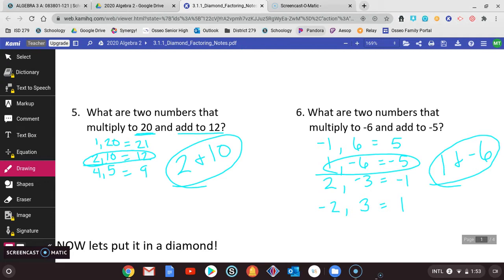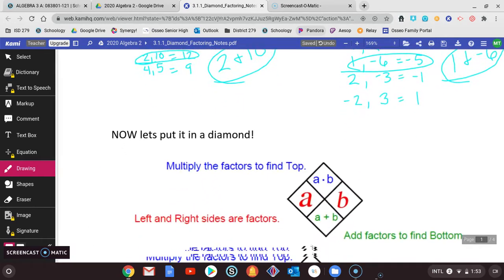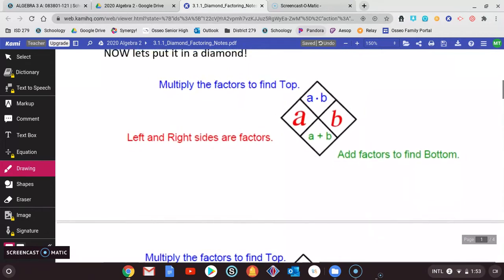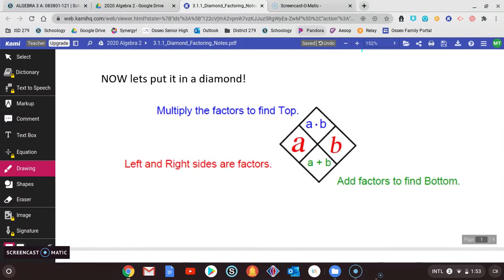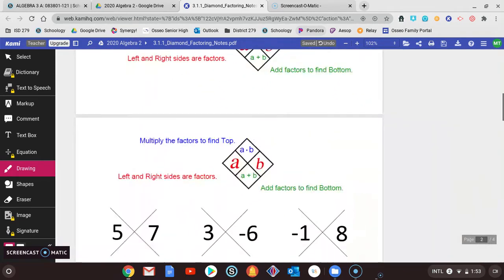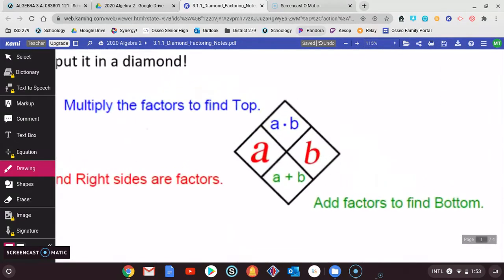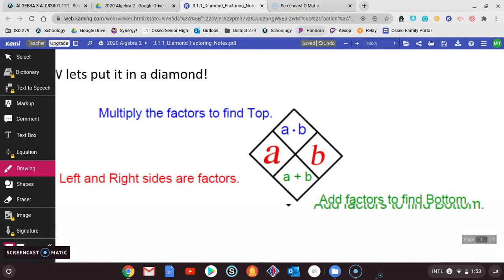So when you're given something that you need to multiply and add to, you have to find all the factors and then add them up and see which one works. So now we're going to put that into a diamond. This is what the diamond is, and I'm actually going to make it into an X, but we're going to call it a diamond. At the top is the number that you need to multiply to.